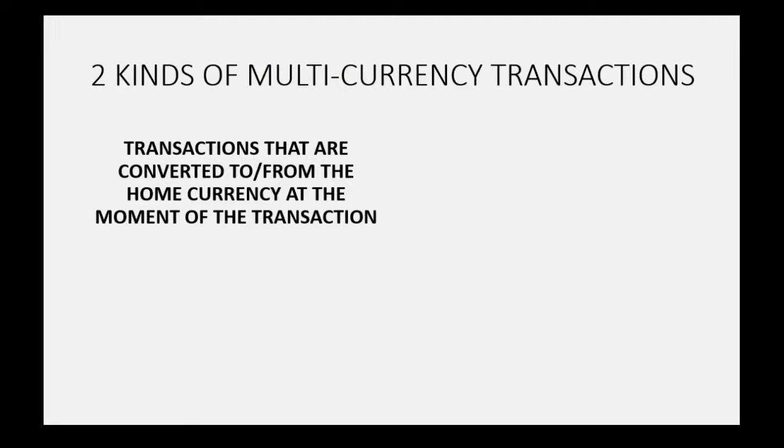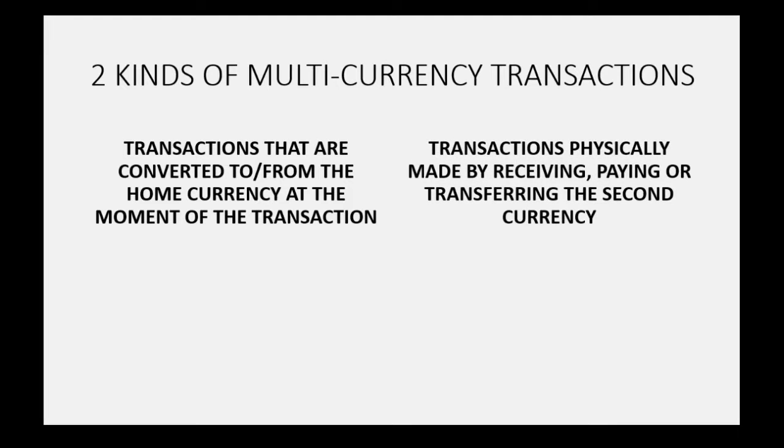So there are really two kinds of multi-currency transactions. There are the kinds of transactions that are converted to or from the home currency at the moment of the transaction. And then there's the kind of transaction where we physically pay or receive the other currency.